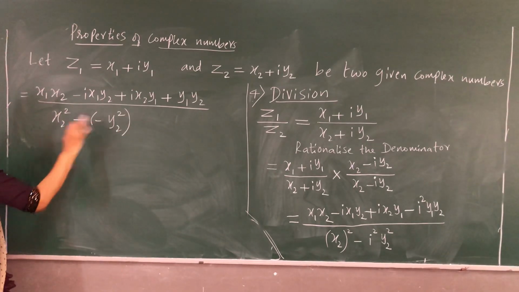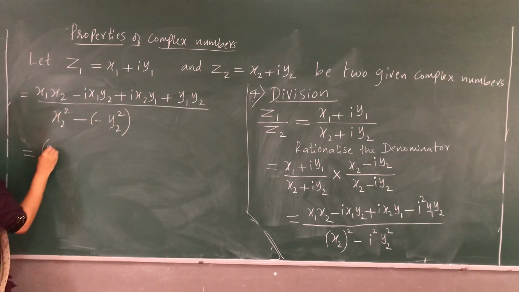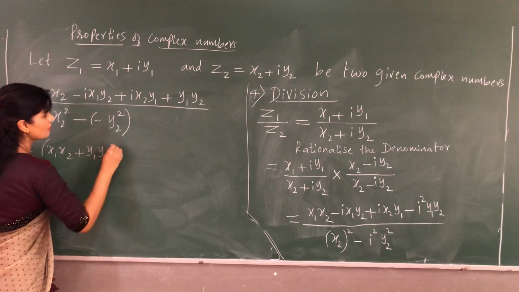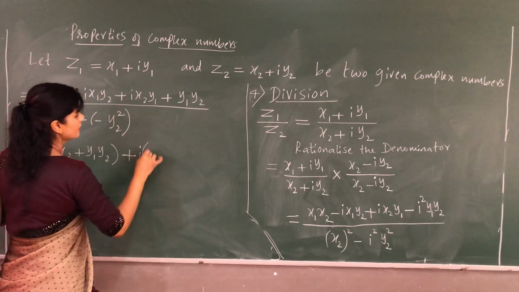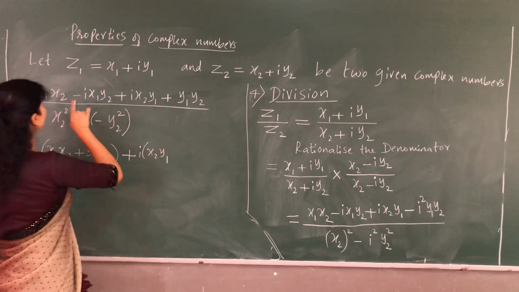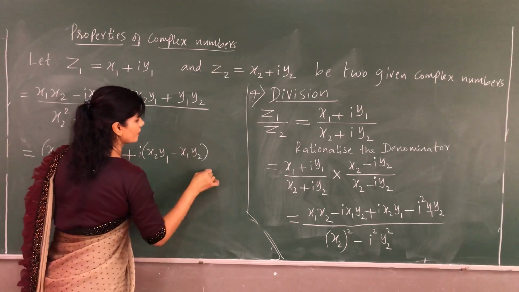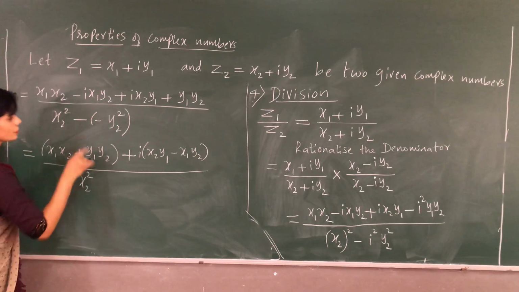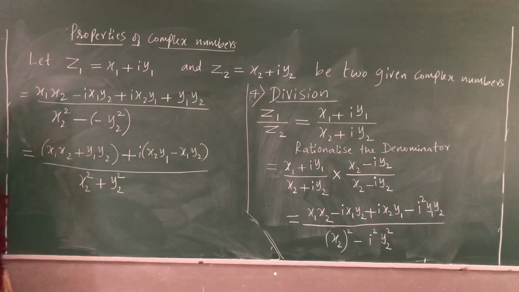So minus of minus plus, it becomes real and real add, children: x1 x2 plus y1 y2 above, plus i is common for x2 y1 minus x1 y2, upon the below thing, which becomes x2 square plus y2 square, children.